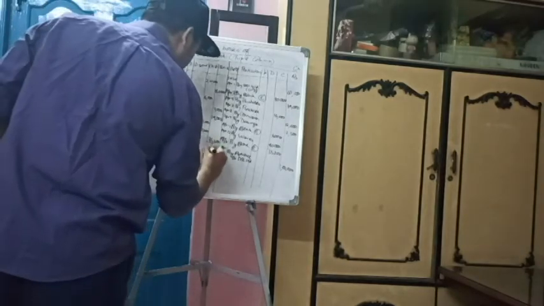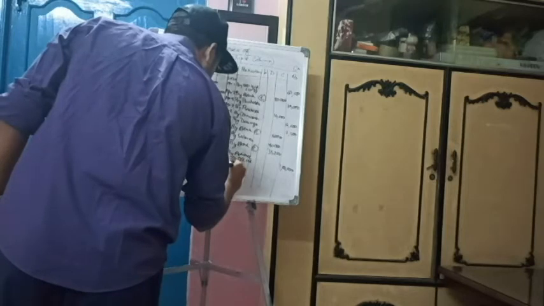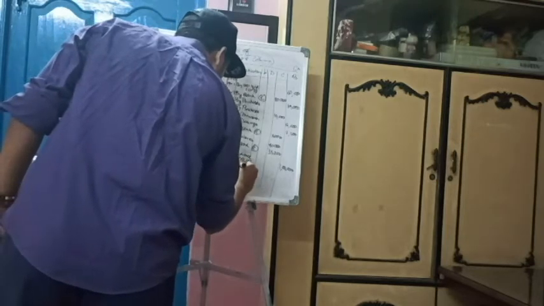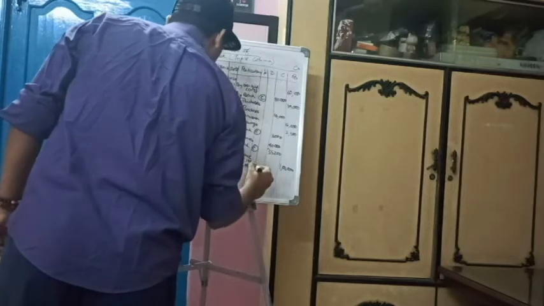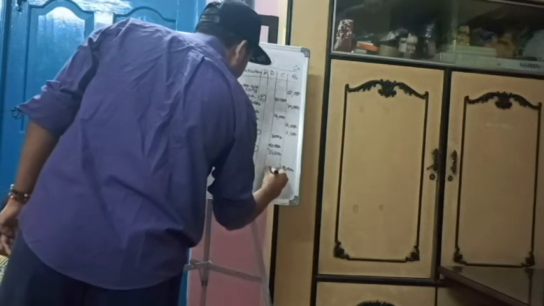What would it be? 76,300, April 28. And it is a contra entry, so again by bank account, contra, April 28, value would be cash 76,300.